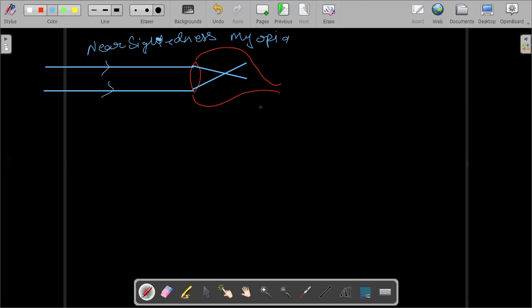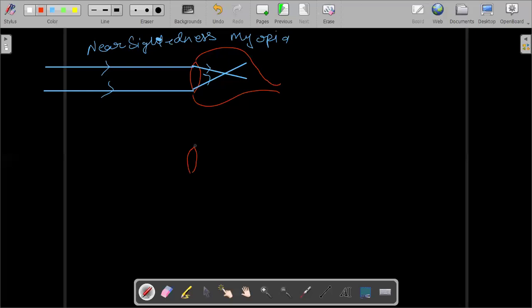Now to correct this, one must use a concave lens or a diverging lens, which will diverge the rays of light a little bit so that a convergent beam will be obtained on the retina. So it will be something like this.